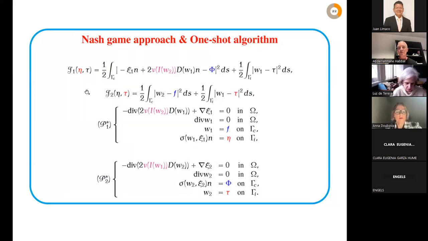And so we proposed the following algorithm, which can be seen as a linearization or can be interpreted in the game theoretic vocabulary as exchange of information.